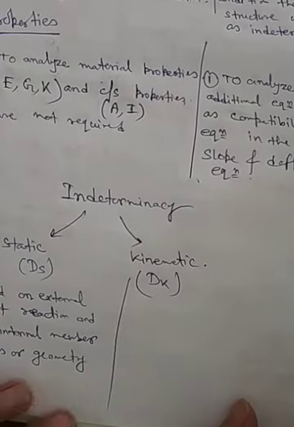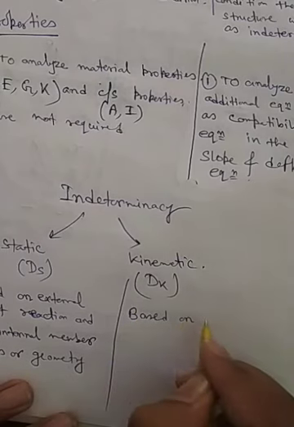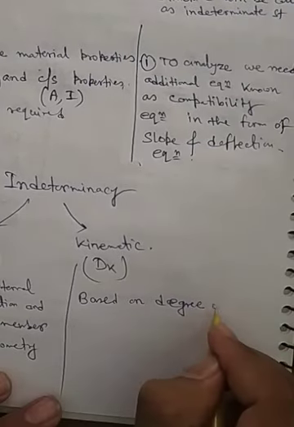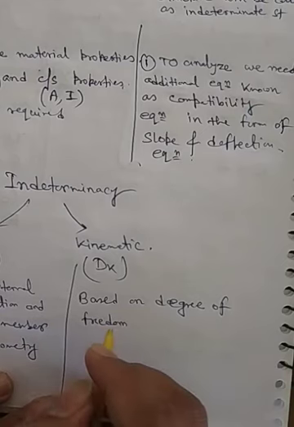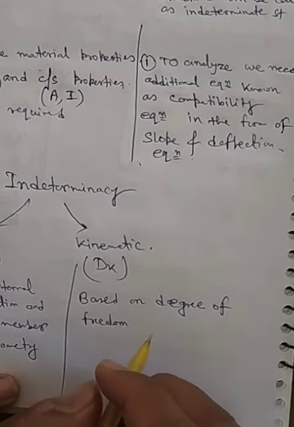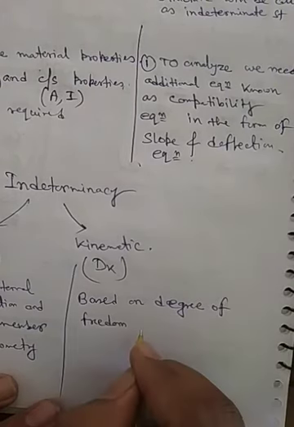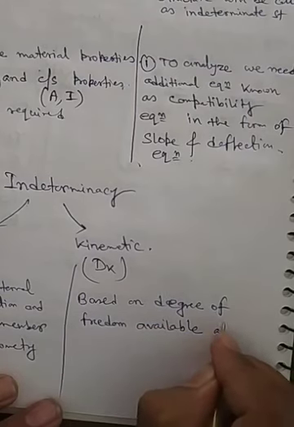But kinematic is based on degree of freedom only. Okay. What is degree of freedom? I will tell you later in the next chapter. Based on the degree of freedom that is available at all joints.